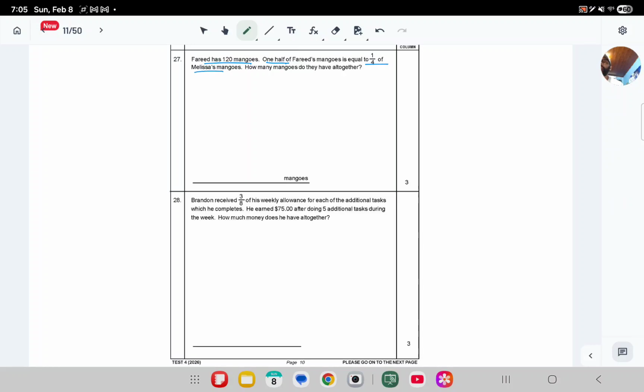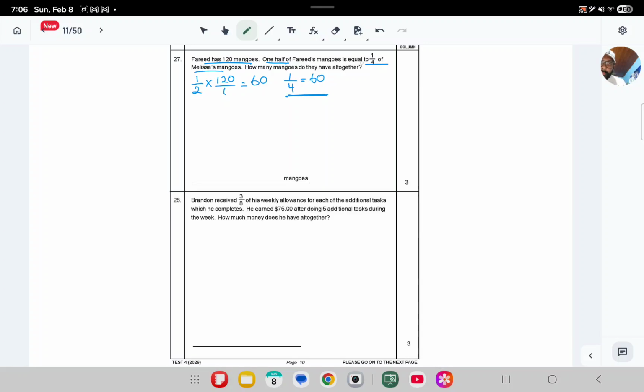So let's find out how many mangoes represent 1/4. So we know 1/2 of 120 is equal to 60 mangoes. Therefore we know that 1/4 is equal to 60 mangoes.